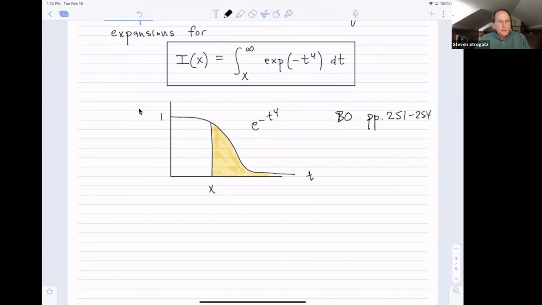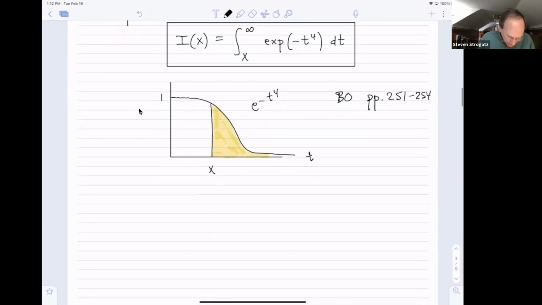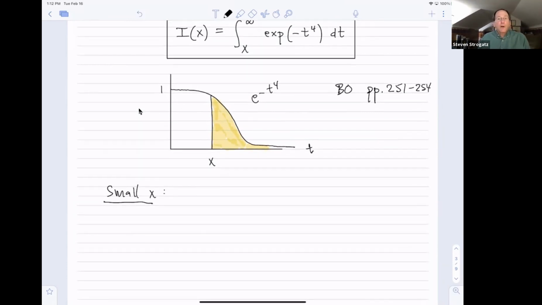Okay, so let's start with small x, because that'd be like if we wanted just the total area under that curve almost. Now, one naive thought would be, well, if I'm thinking about small x, maybe I should expand that exponential.